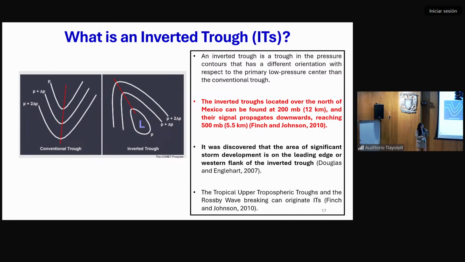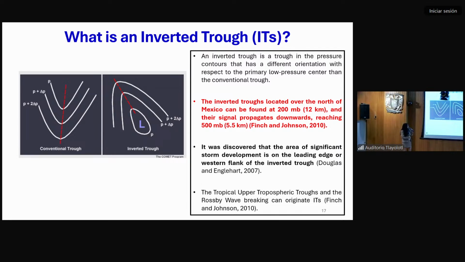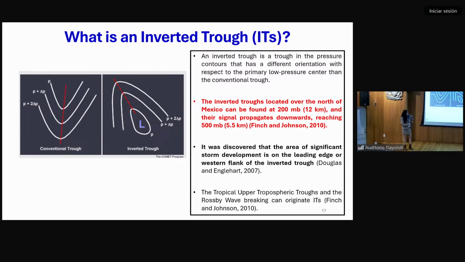It was discovered that the area of significant storm development is on the leading edge, on the western flank of the inverted trough. Some meteorological phenomena can produce these inverted troughs: the tropical upper tropospheric troughs and Rossby wave breaking.